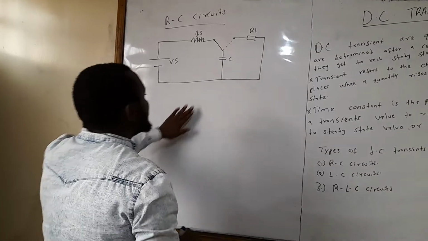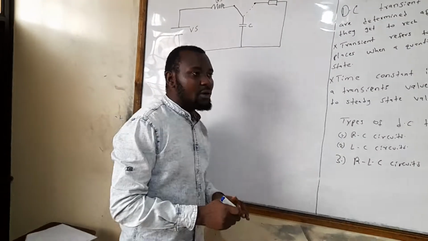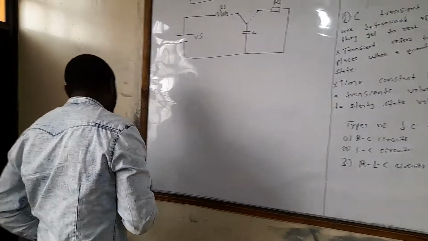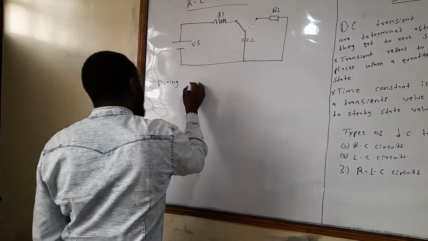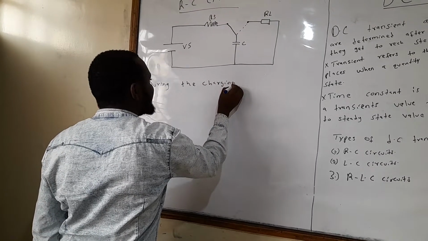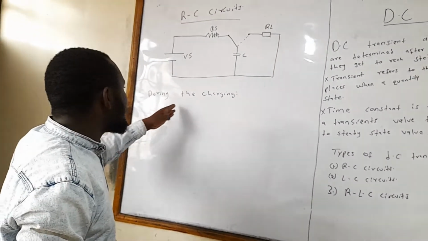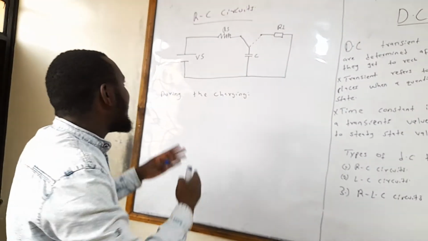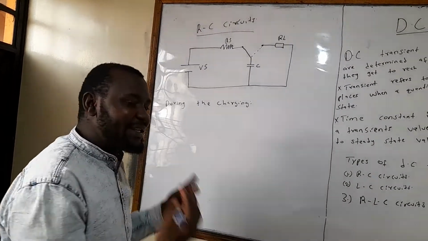Now, when you want to calculate this, if you can remember Kirchhoff's law, that is what we are going to use now. We are going to calculate during the charging. So in RC we are going to calculate when the resistance capacitor circuit is charging.